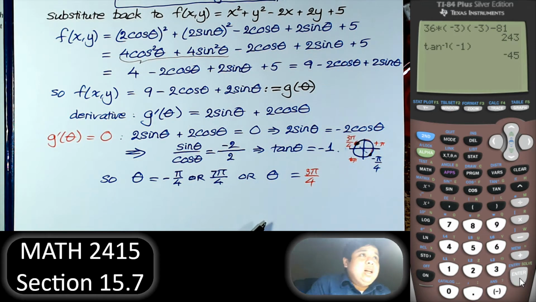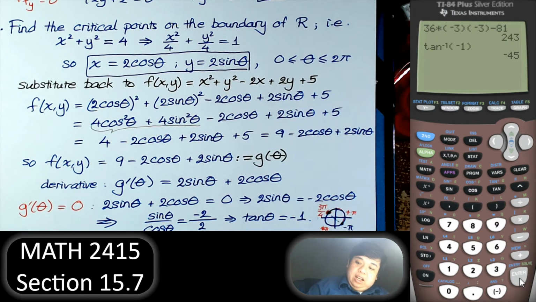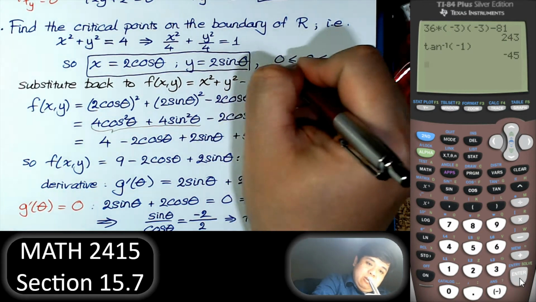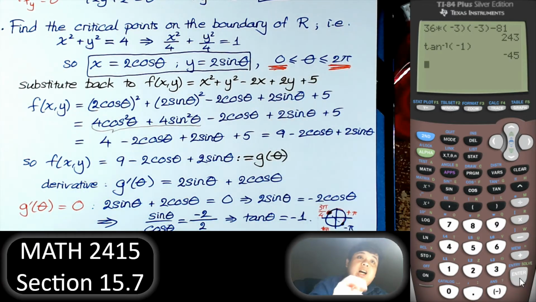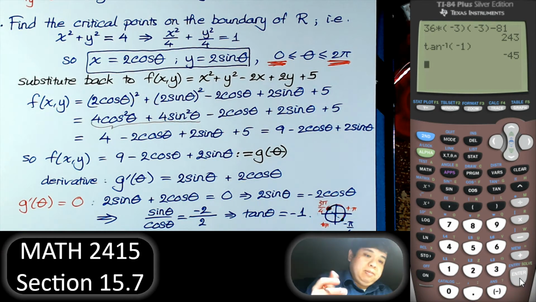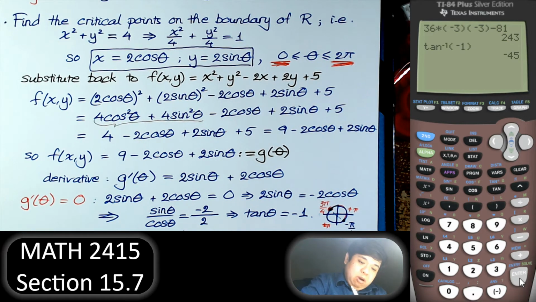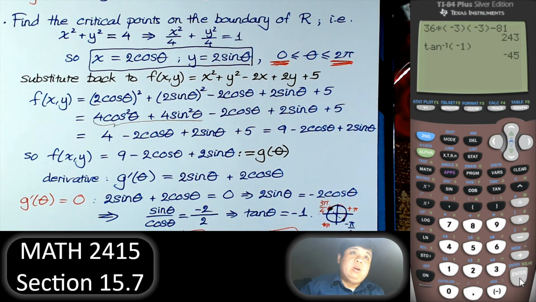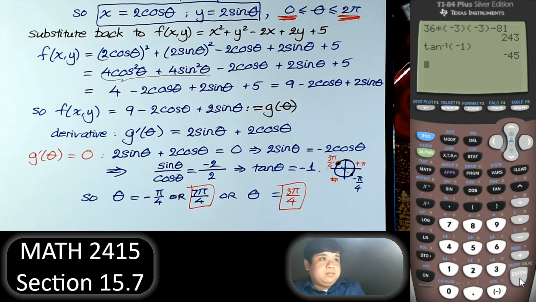So those are the critical points on the boundary. They happen when theta equal to 3 pi over 4 or 7 pi over 4. However, we still have to consider 0 and 2 pi, the boundary of the parameters. So we have 0, 2 pi, 7 pi over 4, and 3 pi over 4. Those are the points.